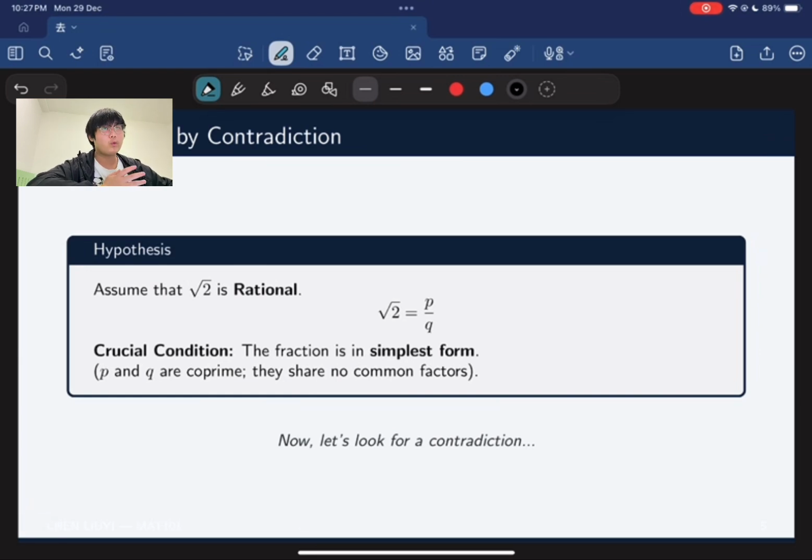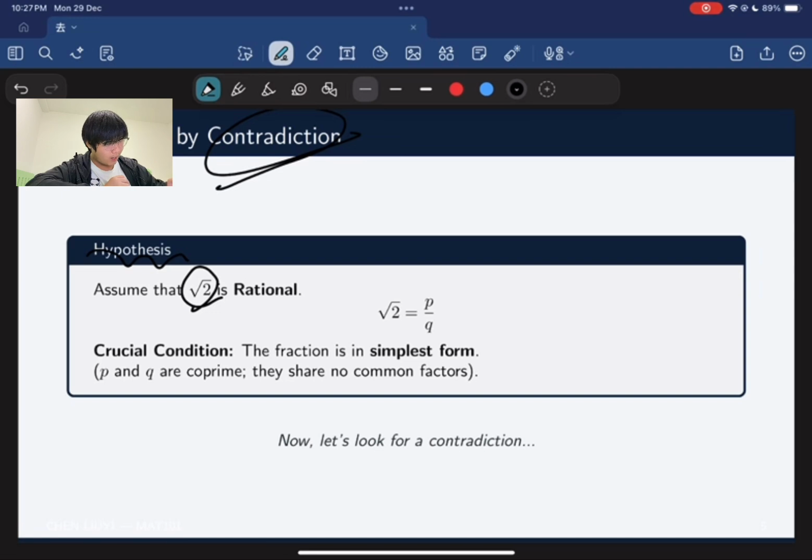So, how do we prove mathematically that a number like the square root of 2 is irrational? We can use proof by contradiction. We start with a hypothesis. Assume that the square root of 2 is rational.